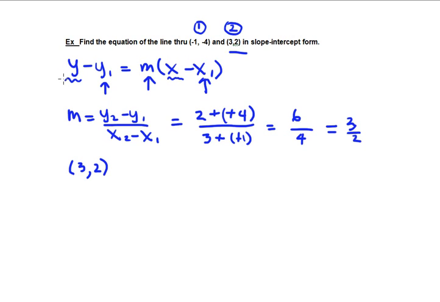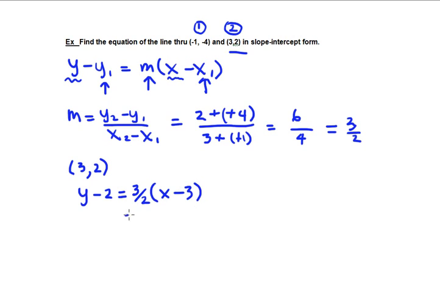So substituting those values, I get y minus, and then the value of y1 is equal to positive 2. And that's equal to the slope, which is 3/2, times this expression x minus x1, so that's going to be x minus, and then x1 is given to be positive 3.